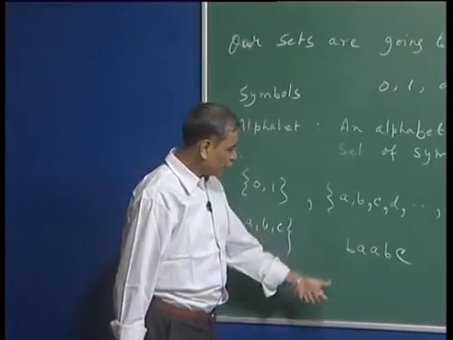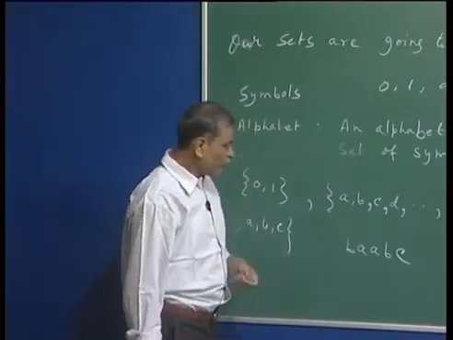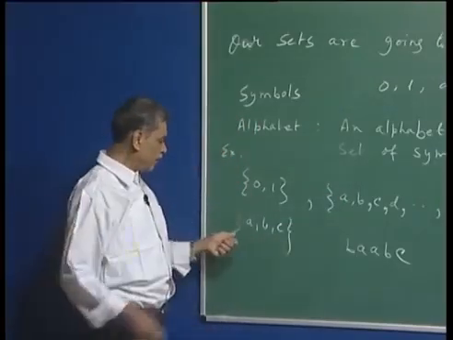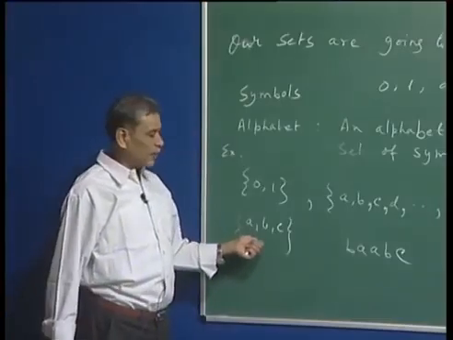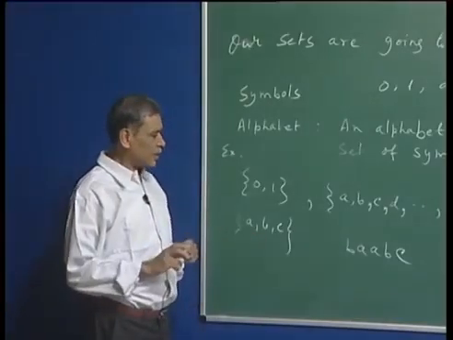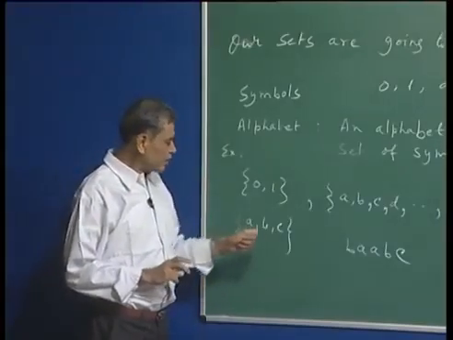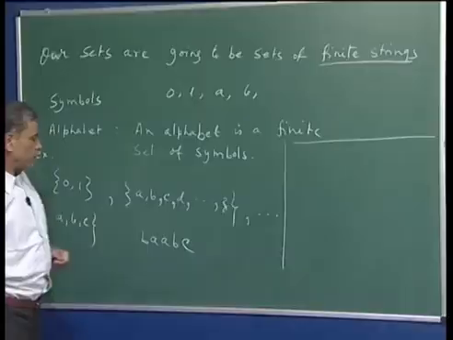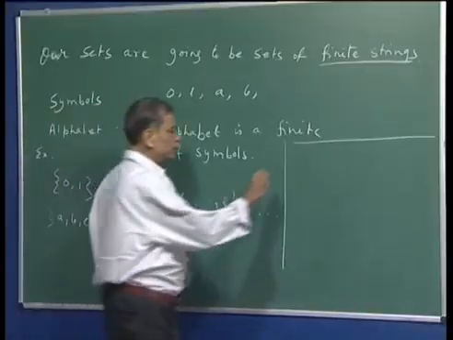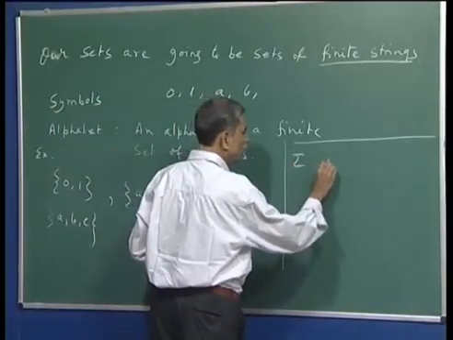And this is also a finite string. There could have been infinite strings over the same alphabet, but we will restrict ourselves to finite strings over an alphabet. Now, suppose sigma is an alphabet.